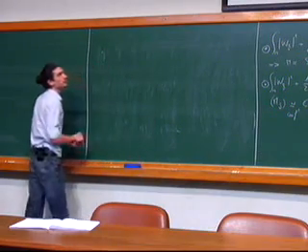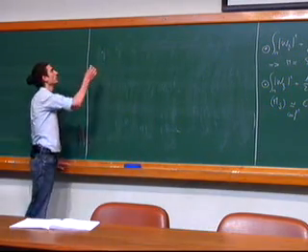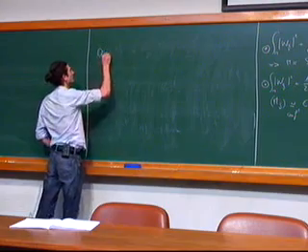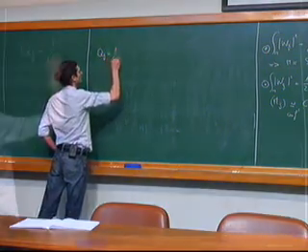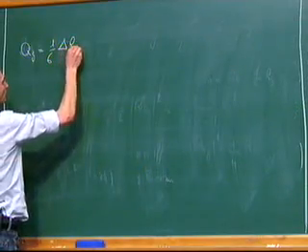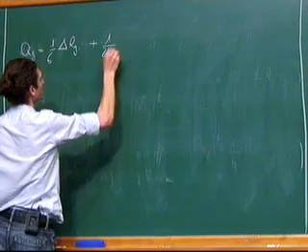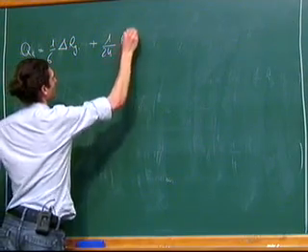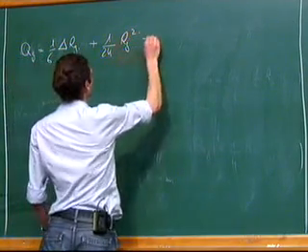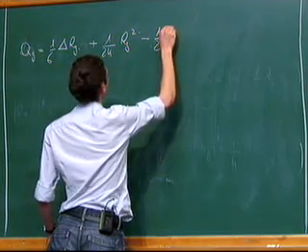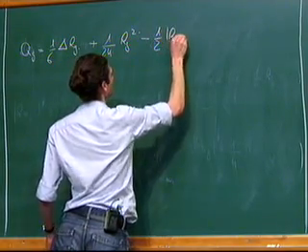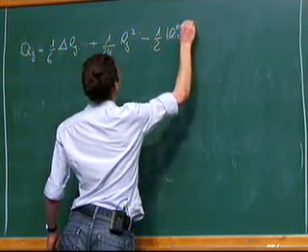The right side is the mean Q curvature. The Q curvature is given by this plus 1 over 24 the scalar curvature squared, minus 1 over 2 the traceless Ricci curvature squared.